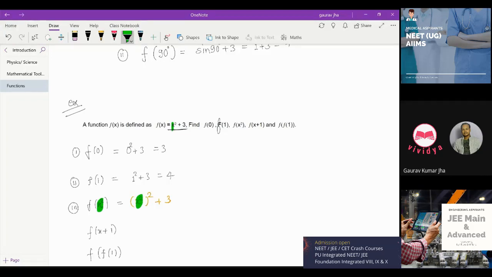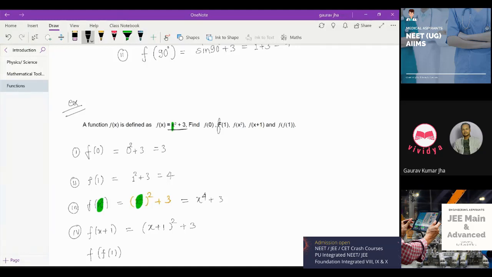Okay, next question is question number 4. So the net answer will be x to the power 4 plus 3. Okay, x to the power 4 plus 3. Next one is f of x plus 1. So here we will put x plus 1 instead of x. Square of that plus 3.